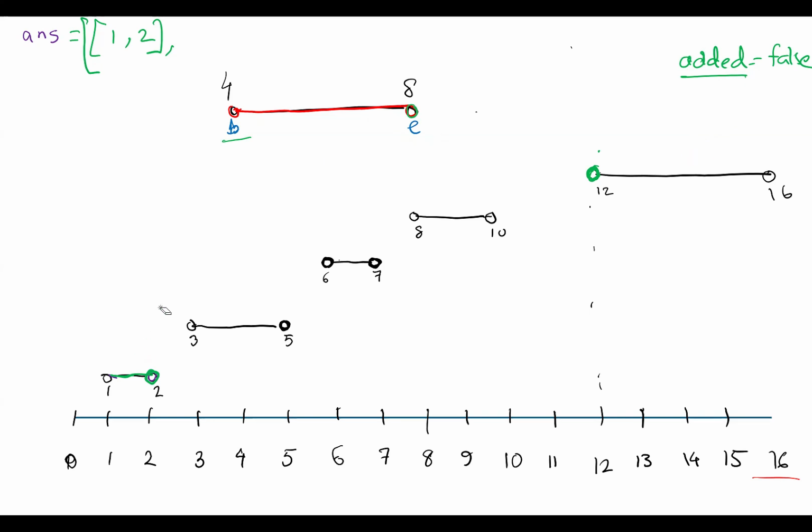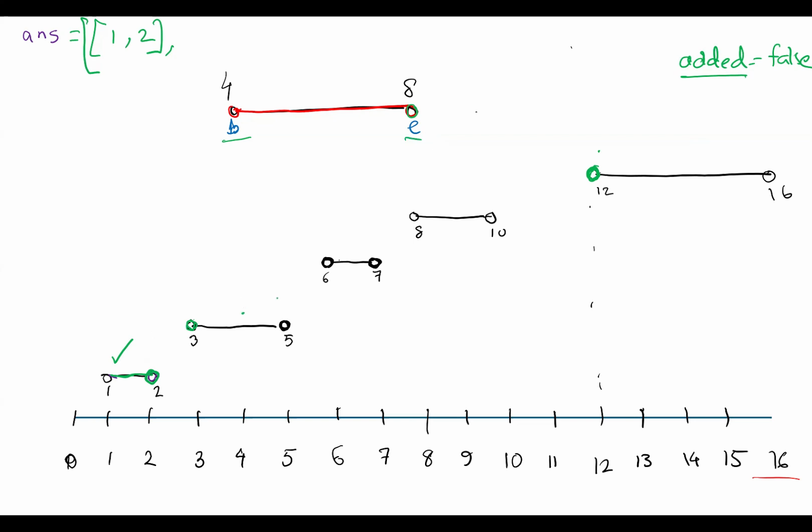Now let's talk about the other cases. If none of these two cases are true, then we know that the current candidate is actually overlapping. So you see, we added this. Now we moved on to this, right? And this one actually, the beginning point is not greater than the end point of the new interval.